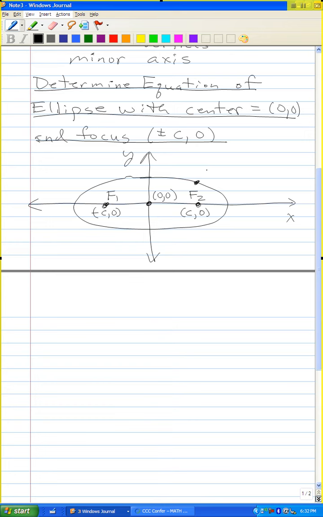So suppose I have some point (h, k). Let's try to determine the equation of that. Well, so I'm going to do this distance here, between these two.